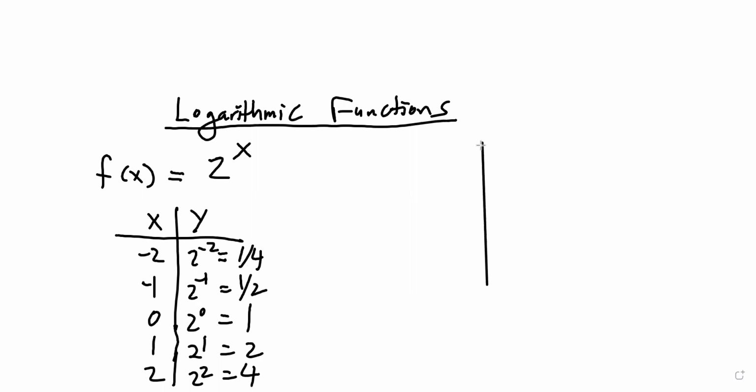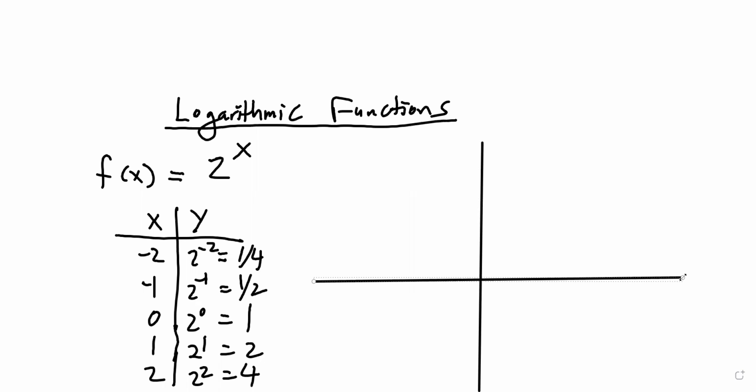So now let me just try to plot this. I mean, you already know what the graph looks like, but like I said, this is going to give us something in a little bit. So the point (-2, 1/4) is going to be maybe somewhere here, and (-1, 1/2) is going to be right here, and (0, 1) is here, (1, 2) is here, and (2, 4) is here.